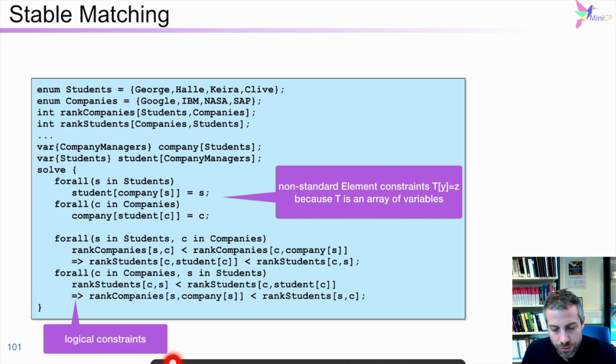For the other set of constraints, first you see that we have this logical constraint, but we also need an element constraint there, and that's a 1D element constraint because C is the parameter of the loop, so it's fixed to some value, and we index a row of that particular ranking matrix, so it's a 1D array, by a variable. So that's the standard element constraint that we have seen before. But we need to find something new here for that constraint, and this is what we will introduce in the next video.